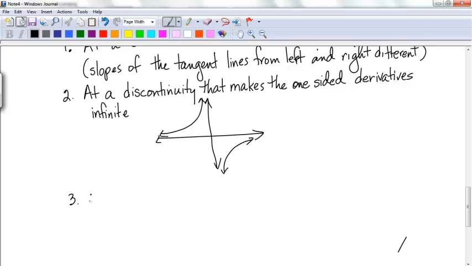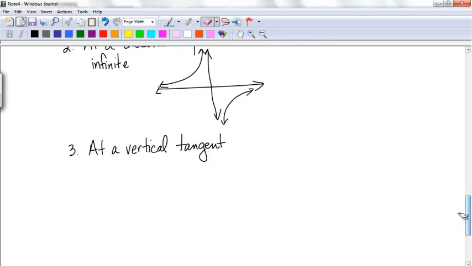And the third one is at a vertical tangent. With your iPads, you can look up the different types of where numerical derivatives do not exist, and you'll get a lot more examples.